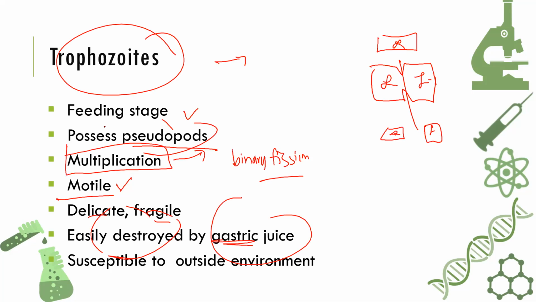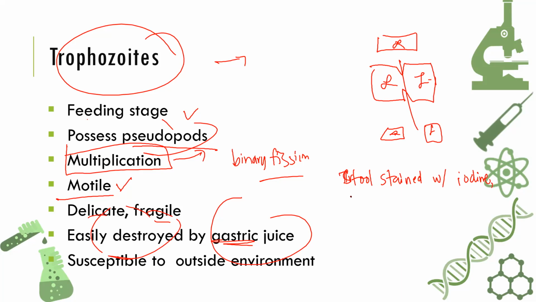Now, I have a question. I will go back to trophozoites. There's a question in our board exam, and it goes like this: a stool is stained with iodine.